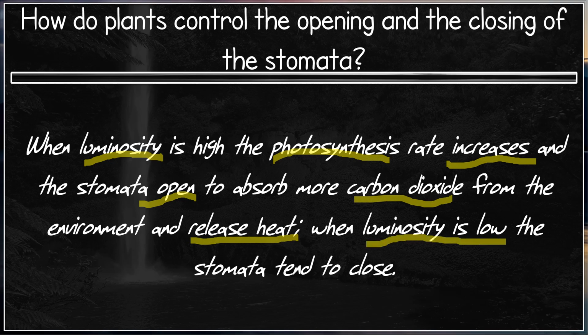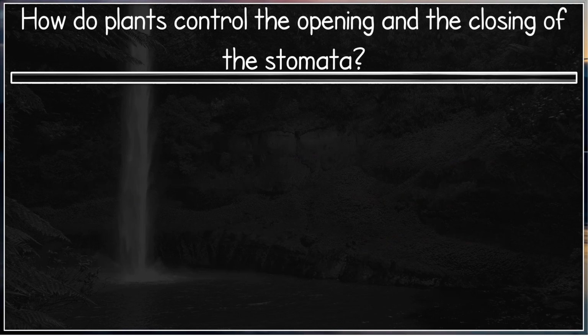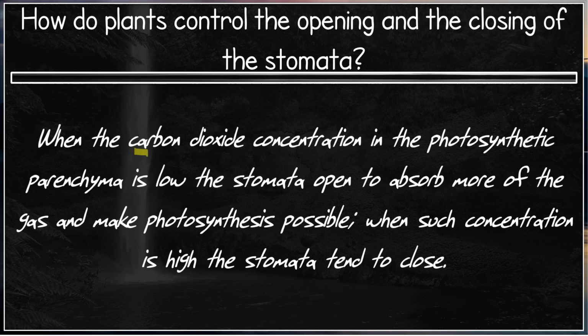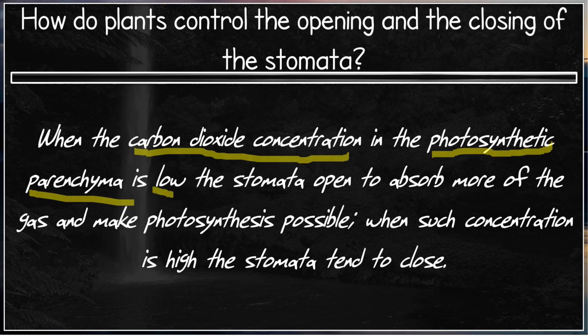When luminosity is low, the stomata tend to close. When the carbon dioxide concentration in the photosynthetic parenchyma is low, the stomata open to absorb more gas and make photosynthesis possible. When such concentration is high, the stomata tend to close.